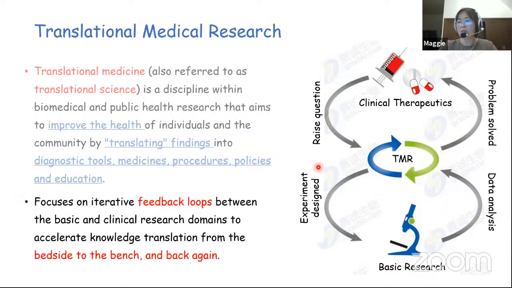These researchers focus on an iterative feedback loop between basic and clinical research to accelerate knowledge translation from the bedside to bench and back again. Briefly, it raises questions from the clinic, solves them in the lab with basic research, and then benefits the clinic.